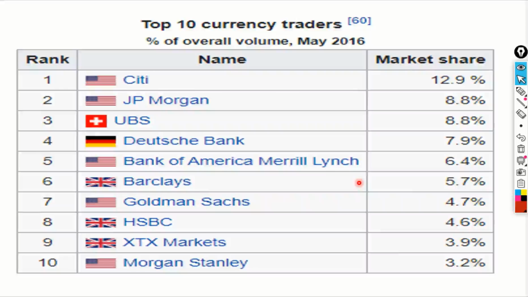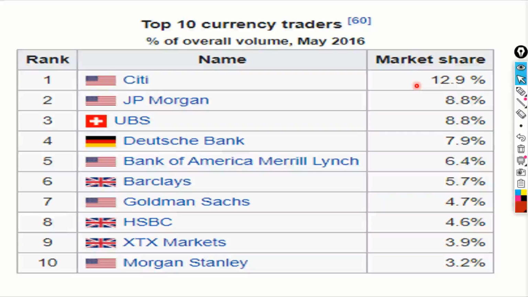Based on this sheet shown on my screen right now, I have the top 10 current traders based on percentage of overall volume from the year 2016. As you can see, these are the top 10 banks in the world, and they trade these share percentages of the daily volume. So if the daily volume is 5 trillion, these guys are trading 12.9% of 5 trillion, that is their money.